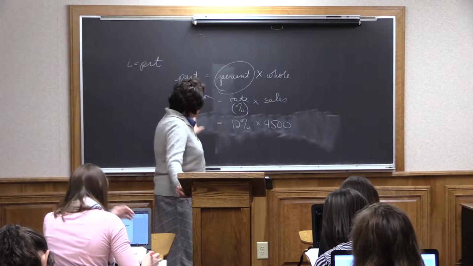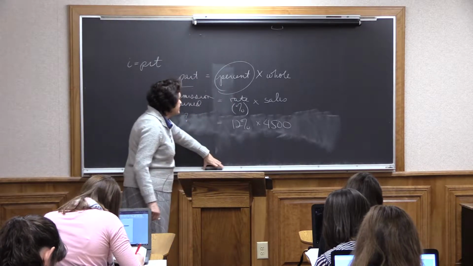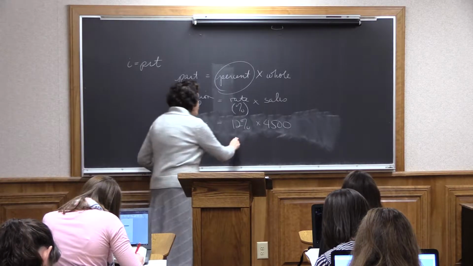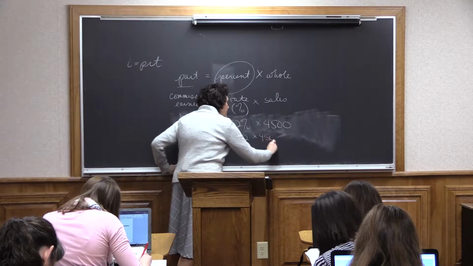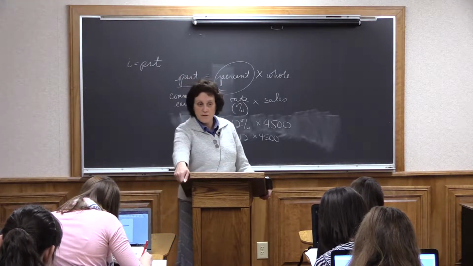All right, and it's exactly applicable, and each part of it has its correspondence to the percent equation. So all we're going to actually do here is 0.12 times 4,500. Very simple application of what we've been working on.